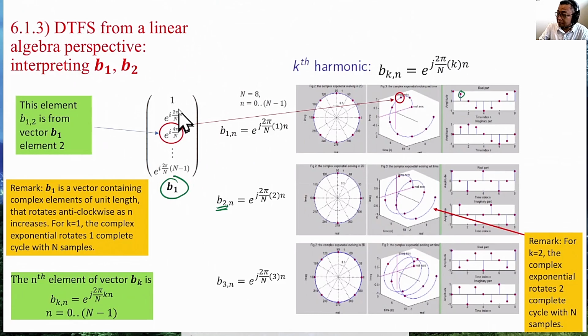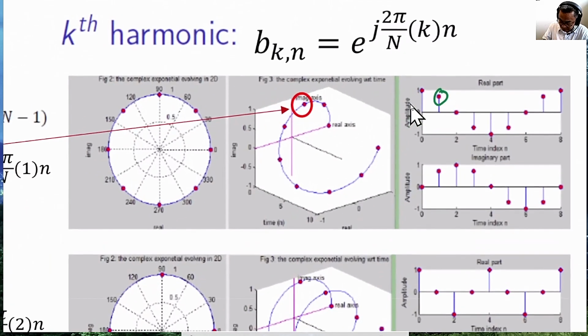So now I plot B1 in 3 dimensions. Here B1, the first element is 1, the second element is also 1 but now phase shifted by 2 pi over n. The third element is with radius 1 but now shifted 2 pi over n times 2. So you can actually see the phasor moving. This axis is the real axis.